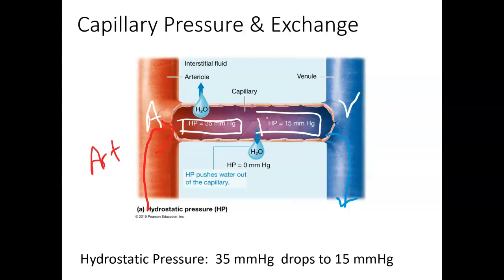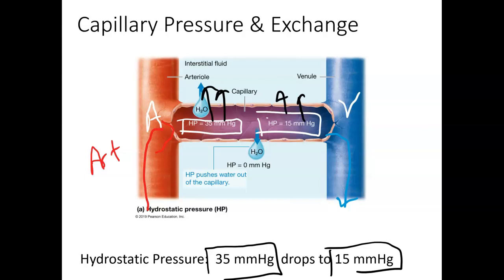This is because we're further away from the heart, and pressure decreases as we flow in this direction. At the arterial end, the force pushing things out is closer to 35, whereas on the venule end, it falls to roughly 15. So the pressure falls as we go through the pipe.